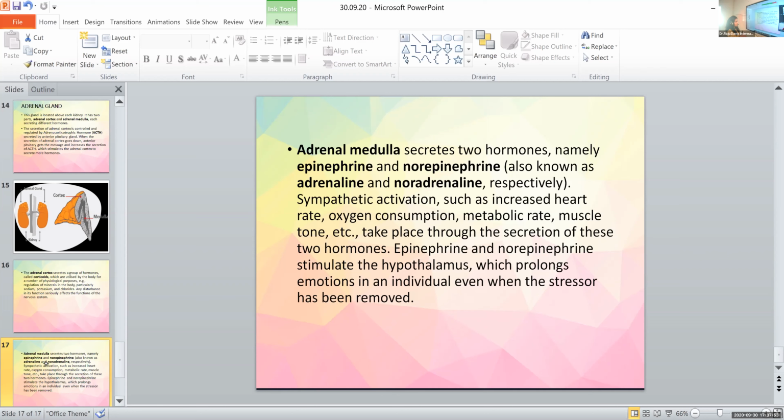And main functions include sympathetic activation, that is regarding the heart rate, the oxygen consumption, metabolic rate, muscle tone, etc.